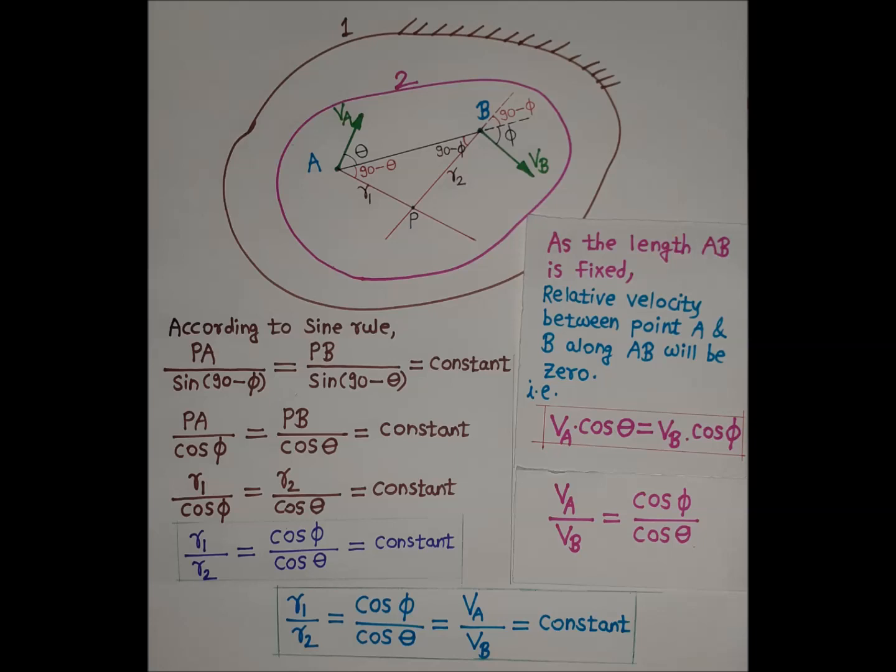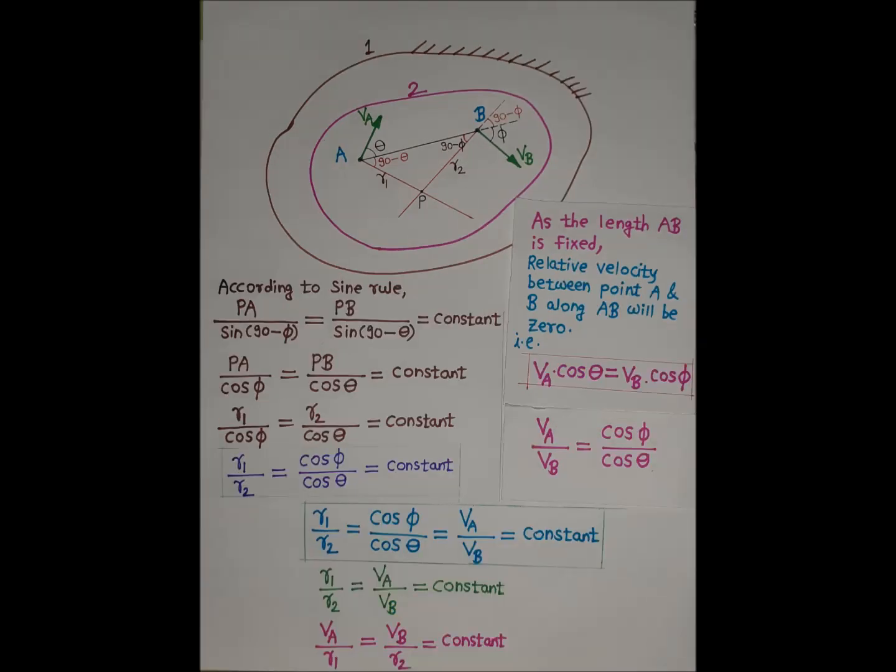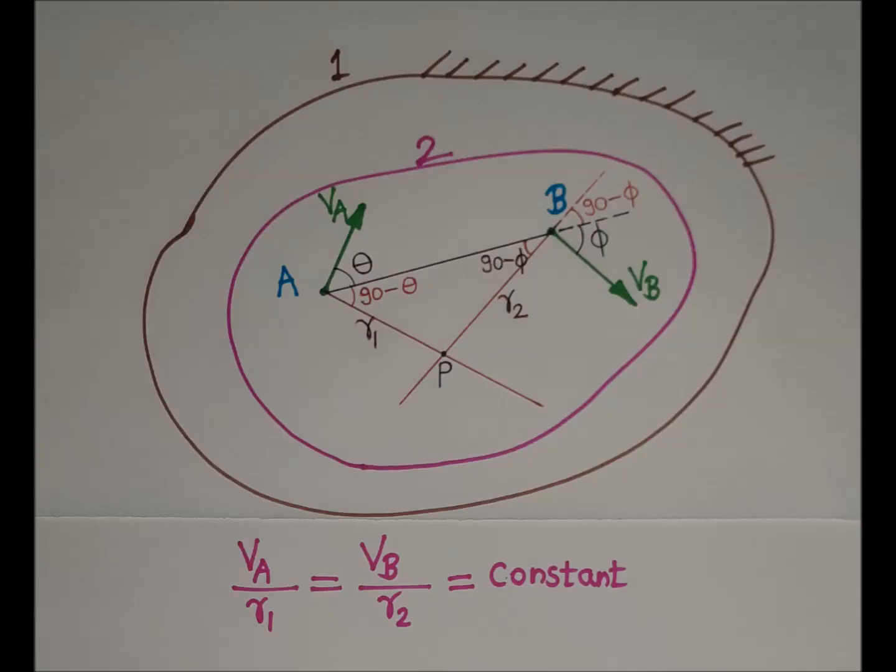That's why we get the relation R1 upon R2 is equal to VA upon VB, which is equal to a constant. If we rearrange it, we have VA upon R1 is equal to VB upon R2, which is equal to a constant.